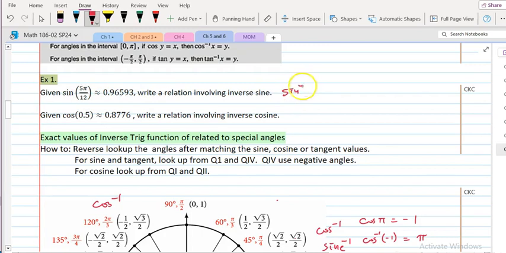Well, I would say the inverse sine of 0.96593 should equal 5 pi over 12, right? And you can check it in the calculator. What about cosine of pi over 5, which is 0.8776? So I would say cosine inverse of 0.8776 would equal pi over 5.